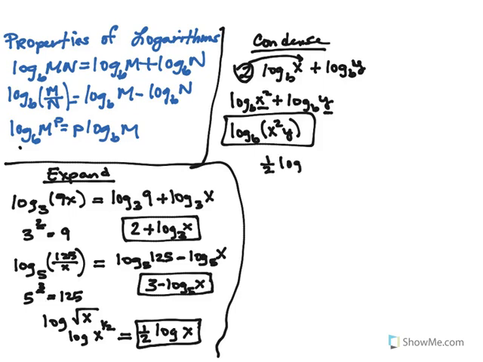Let's look at this. Here, we have a coefficient of 1/2. That coefficient is going to become the exponent. So x to the 1/2 is really going to be a radical.